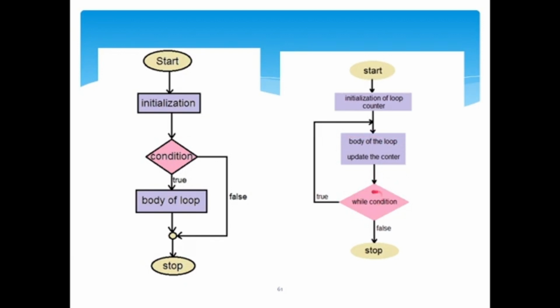So you can say this is a do while loop. In the do while, first we write the body of the loop using do, and after that we give the while condition. If that condition is true, again it must iterate, otherwise false.